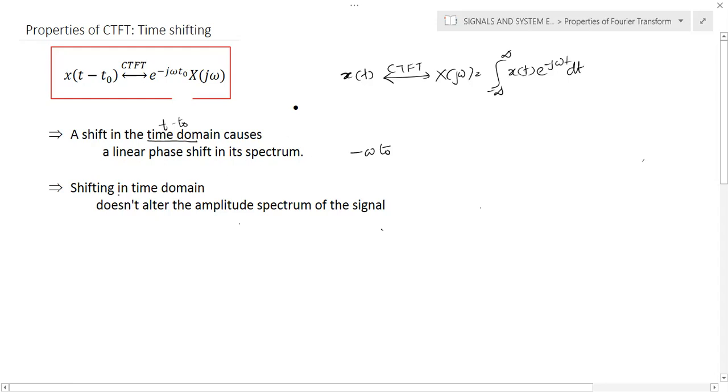When you talk about the amplitude spectrum, the shift in time domain will not change the amplitude spectrum of the signal. Okay, it's very important. The magnitude spectrum will not change.